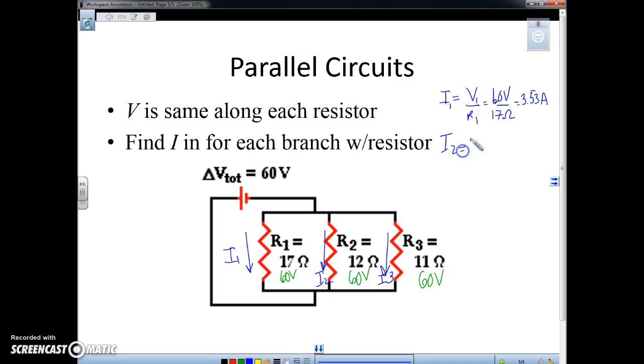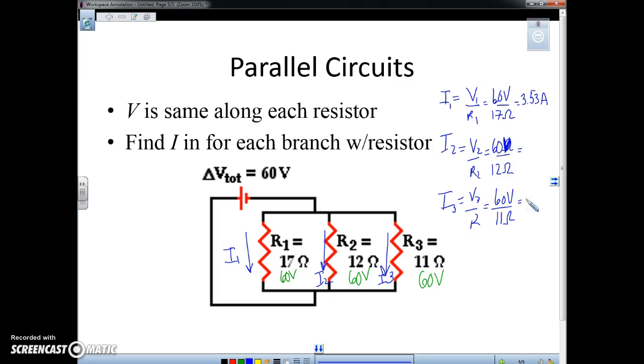And in the same fashion, I'm going to do the 3 of them. So this will be set up as 60 divided by 12. This will be 60 divided by 11. This should be volts, sorry. Just gonna write over. Should be volts, that's fine.